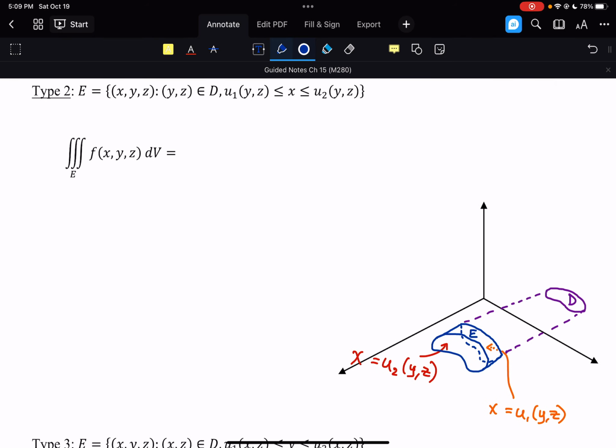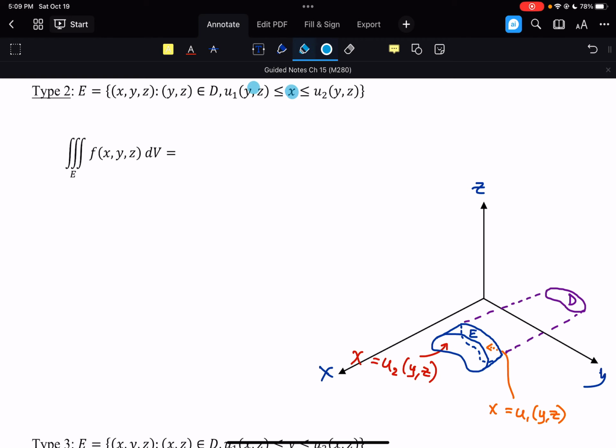So when we say type 2, the previous case, the quote-unquote type 1, just projected down onto the xy plane, so it was between two functions of x and y. This one, we have x going between two functions of y and z, so it's projecting back onto the yz plane.